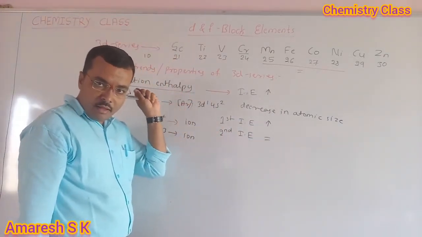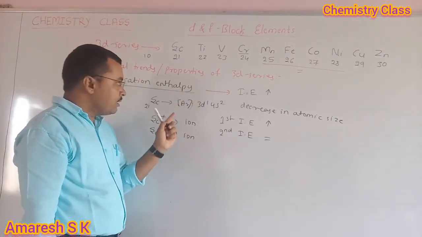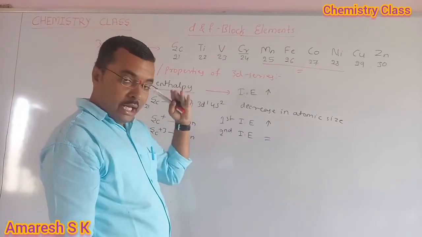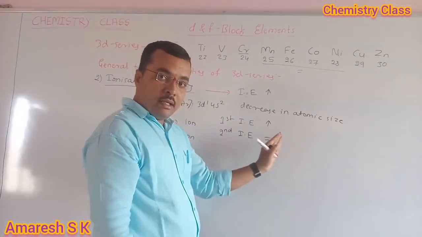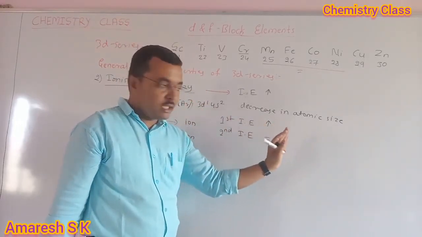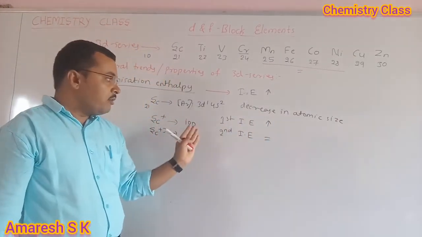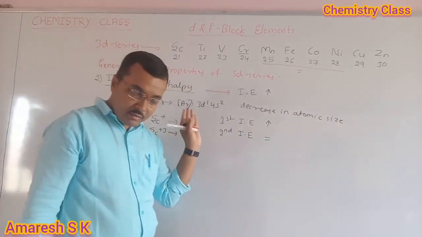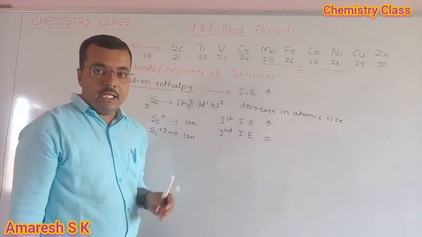Totally, the first one is the atomic radius, the second one is the ionization enthalpy. Whenever the atomic radius increases, ionization enthalpy decreases. Whenever the atomic radius decreases, ionization enthalpy increases.